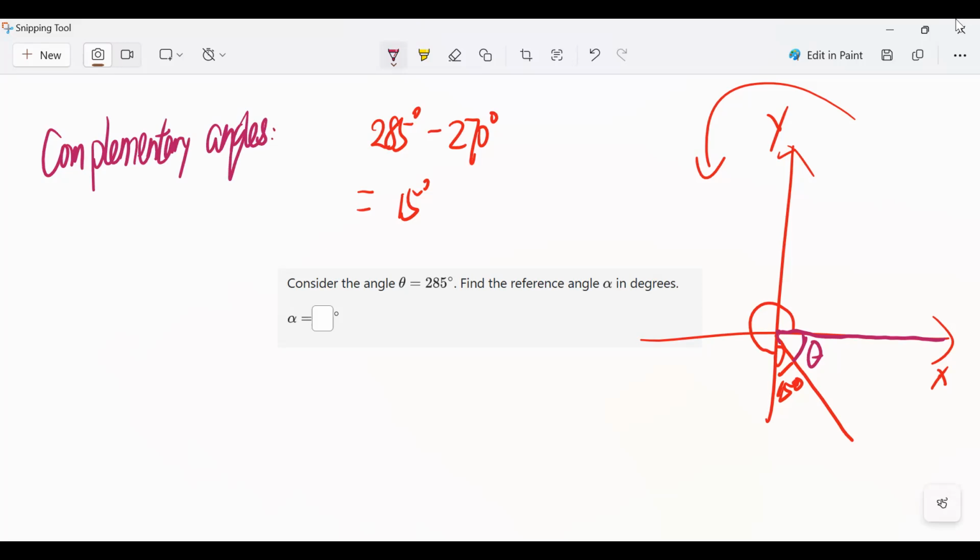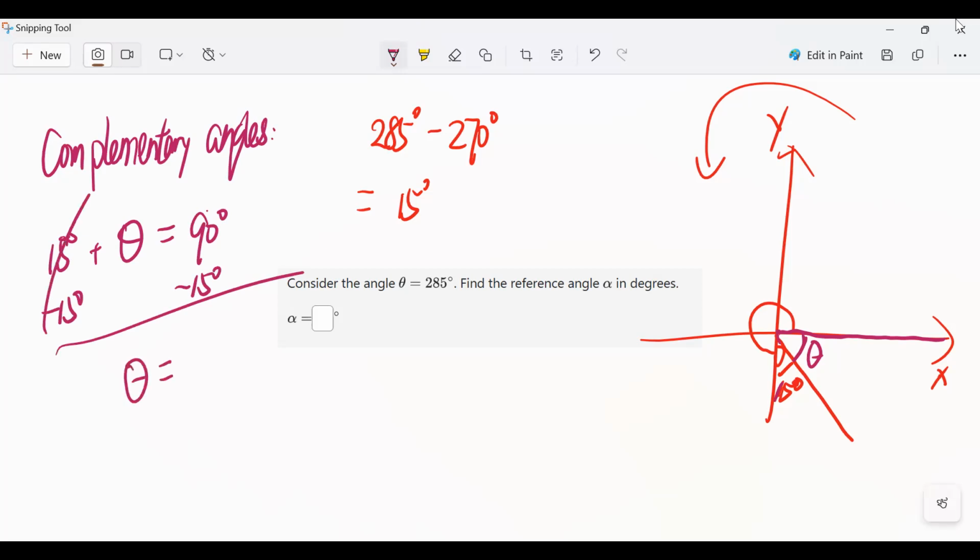Meaning this 15 degrees plus angle theta is going to be equal to 90 degrees. Take away 15 degrees, angle theta, the reference angle, is going to be 75 degrees. So this is the reference angle.